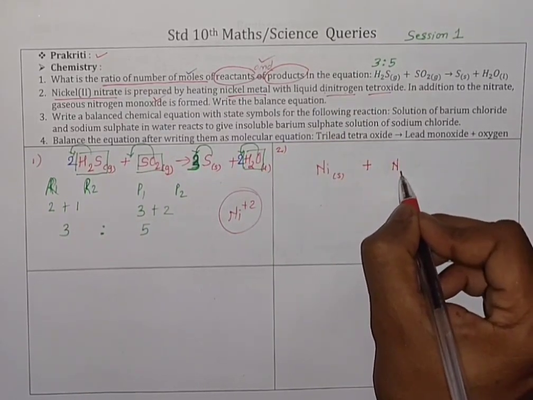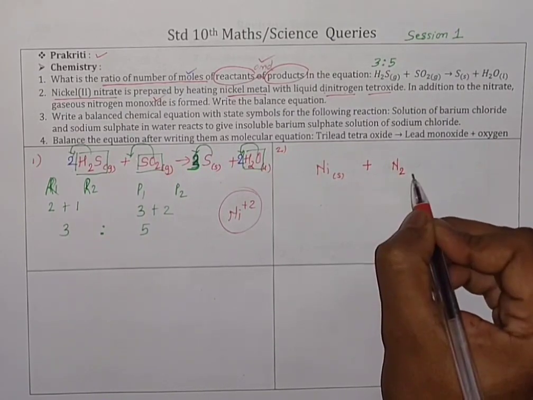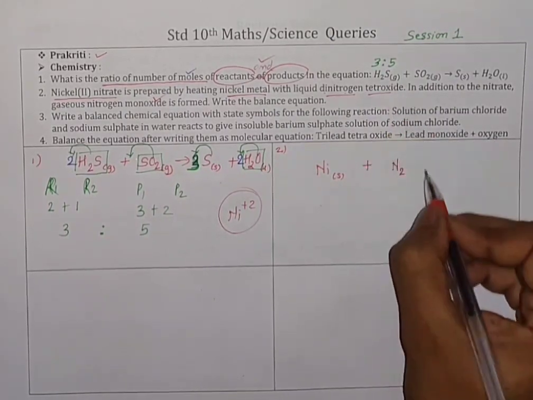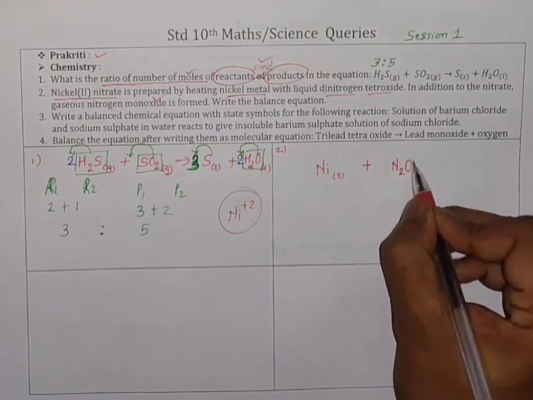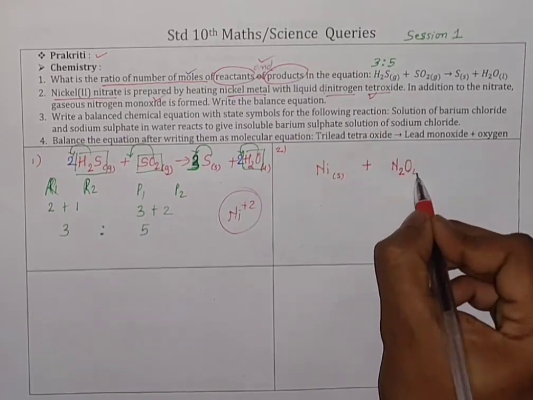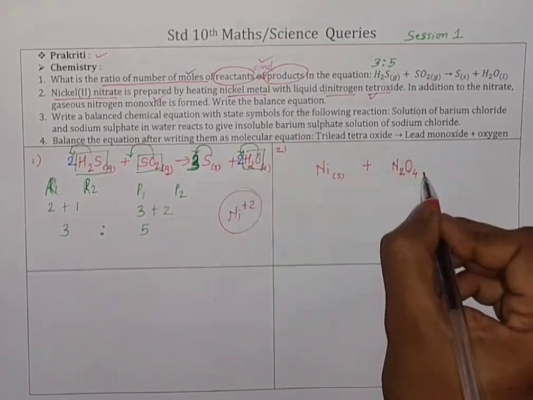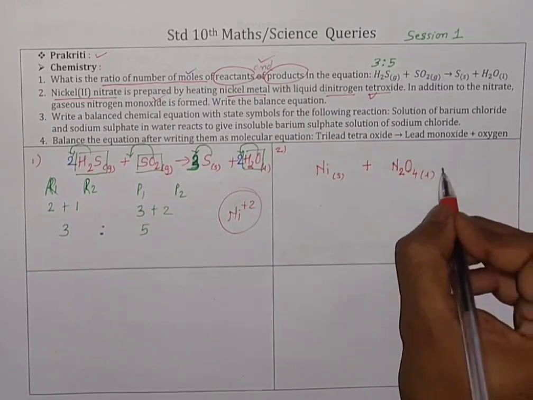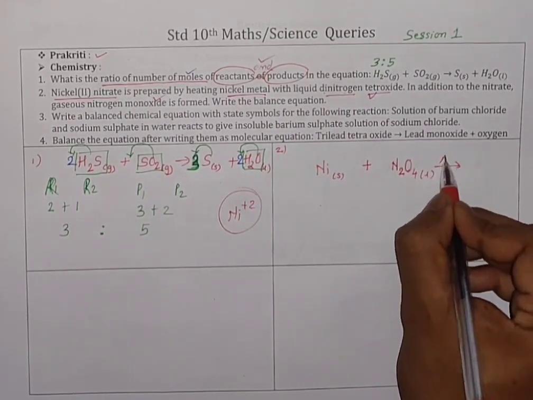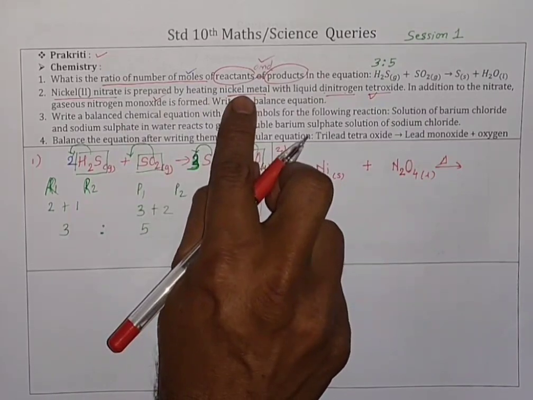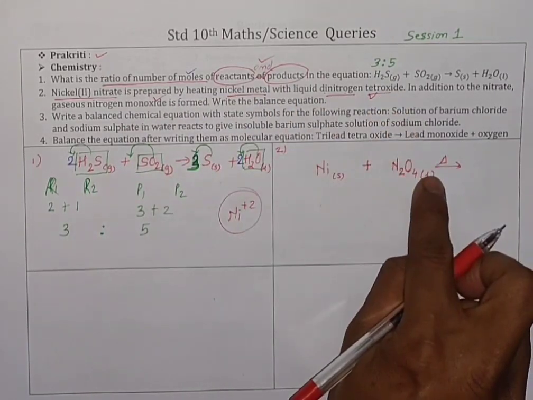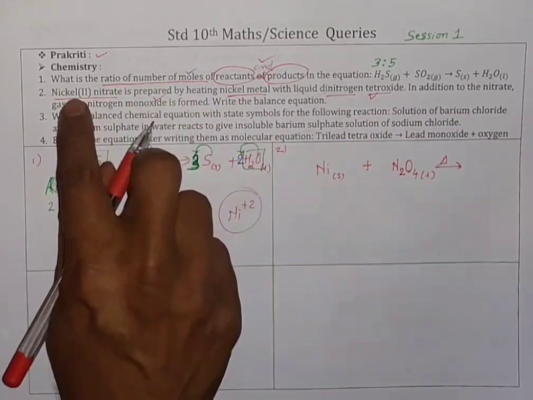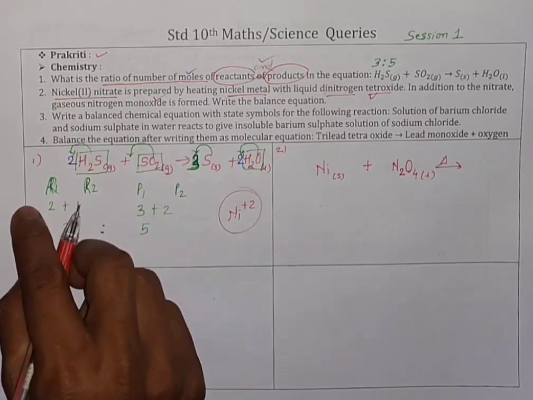So nitrogen का सिंबल N और डाइनाइट्रोजन मींस 2 और टेट्रोक्साइड, ऑक्साइड इज O और टेट्रा इज 4 and this is in liquid state. Correct? And we are heating this nickel metal with dinitrogen tetroxide and we get nickel nitrate.